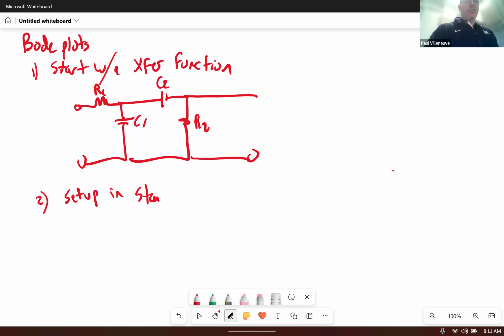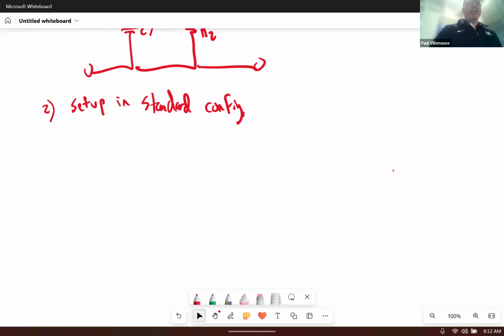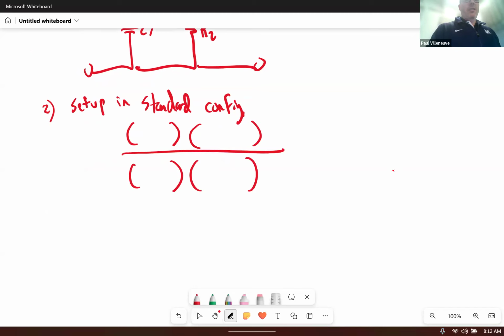Okay. And then our next step, and this is important, is to set up the transfer function in what we'll call standard configuration. What I mean by that is, you have to have s divided by whatever the break frequency of the pole or zero is, added to 1.